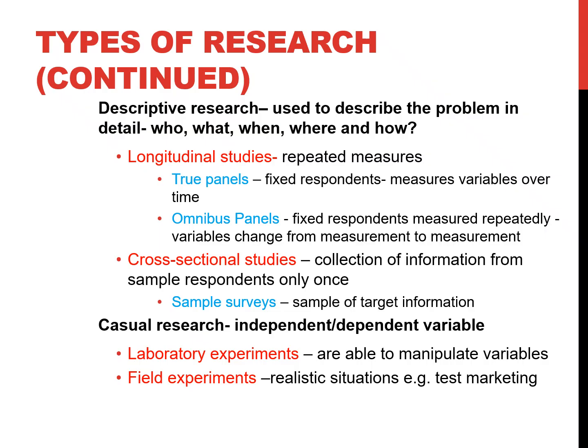So one can do laboratory research in marketing research, something to consider. Field experiments, test marketing, you can get perceptions of what people feel about a particular product. Will they buy it? And those are different ways of doing causal research.